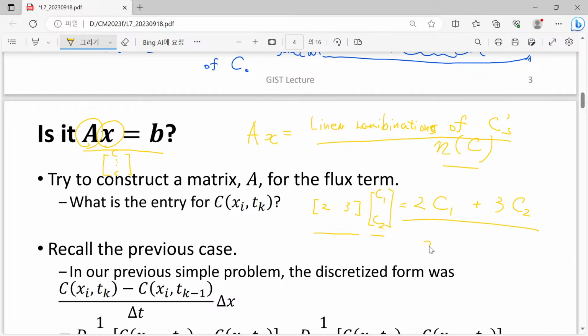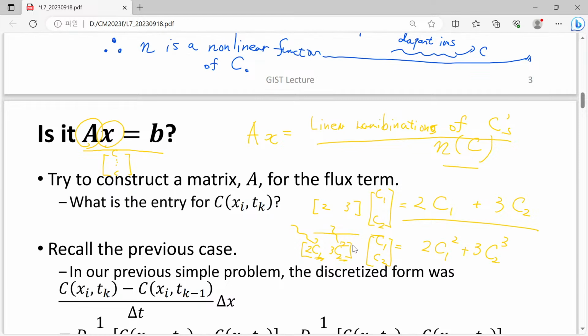However, if we have 2 times C1 squared times 3 times the cube of C2, then it is impossible for us to express it in this form. The only way we can do is C1 and here C2 squared. But this is not available because this value is dependent on our solution vector, so there is no way to calculate it.